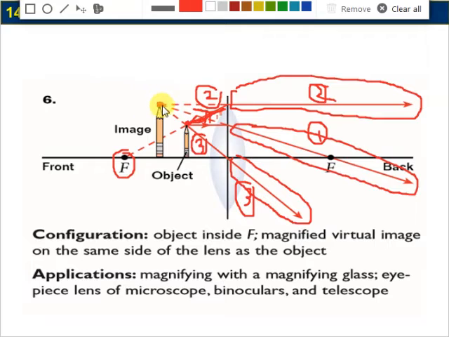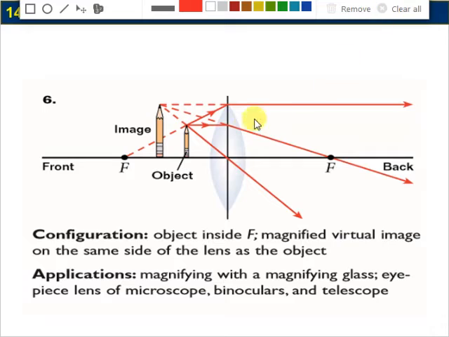So this point here is the intersection point, but as you can see, it's the intersection point of the apparent path of light, not the real path. Therefore, this is the intersection point, and here we complete our image, and this image is what? Virtual, because a virtual image is the image produced by the intersection of the apparent path of light, not the actual path.